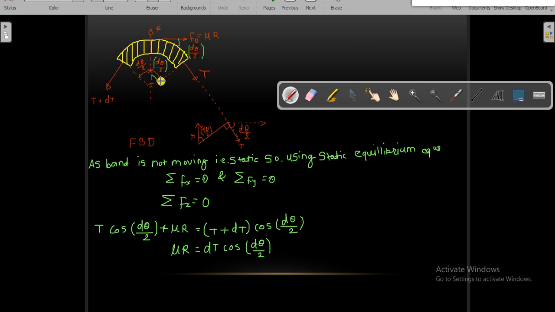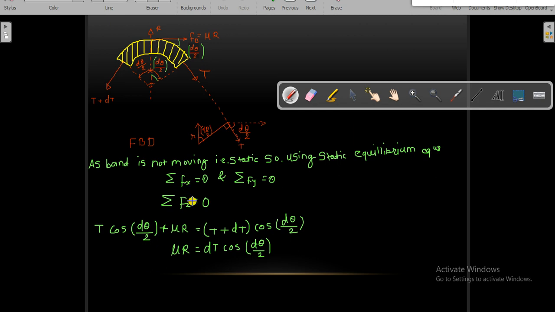Now here you can see this is T, and from this extreme right end the tension will go on increasing up to the extreme left point, where the increase in tension will be dT. Previously it was only T, and the addition is dT, so the final tension at this extreme left end is T plus dT.